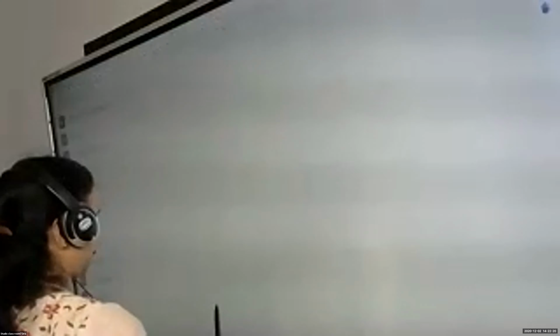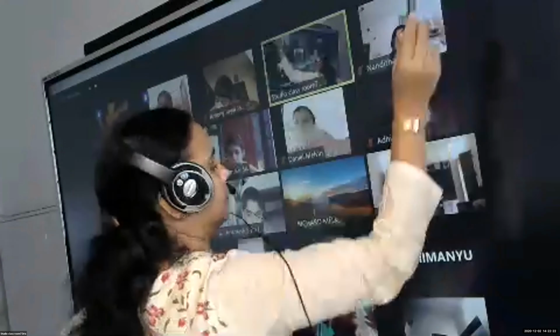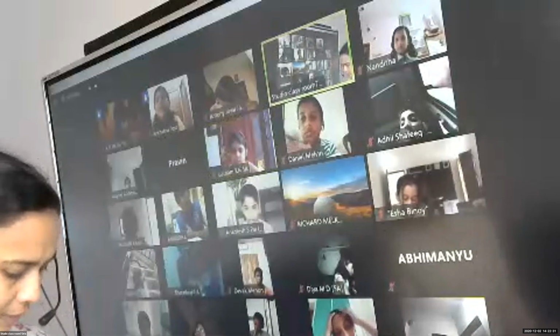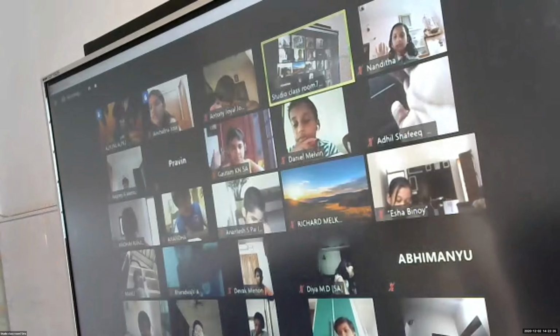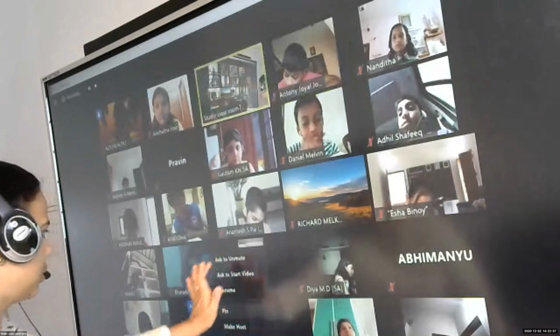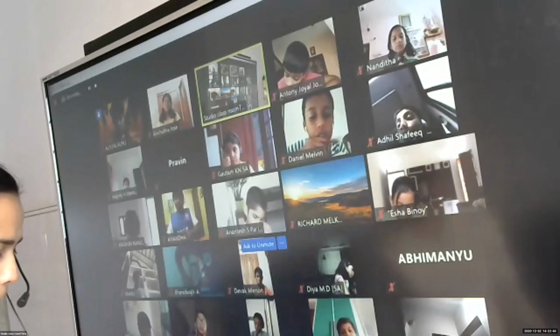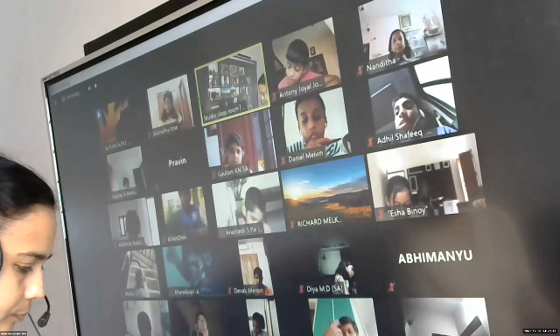Okay. So children, I hope all of you have got the page. Page number 36, children. Alok, read question number 1. A fraction whose numerator is dash than the denominator is called an improper fraction.